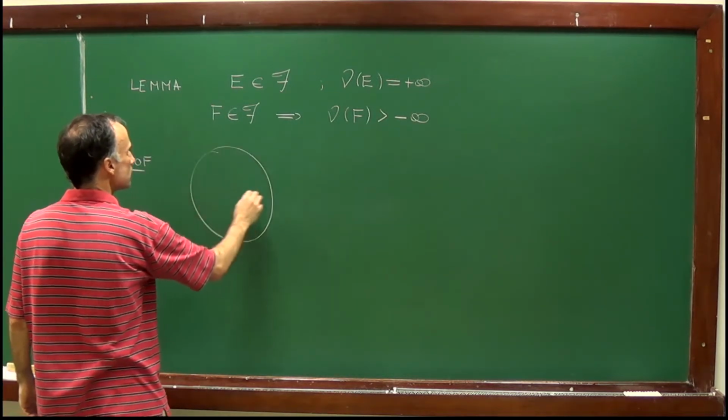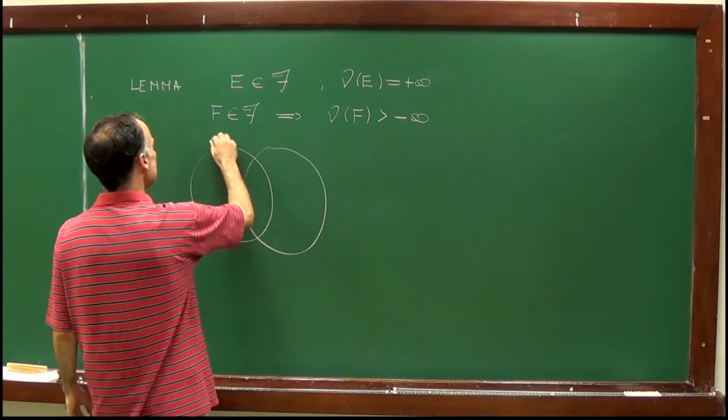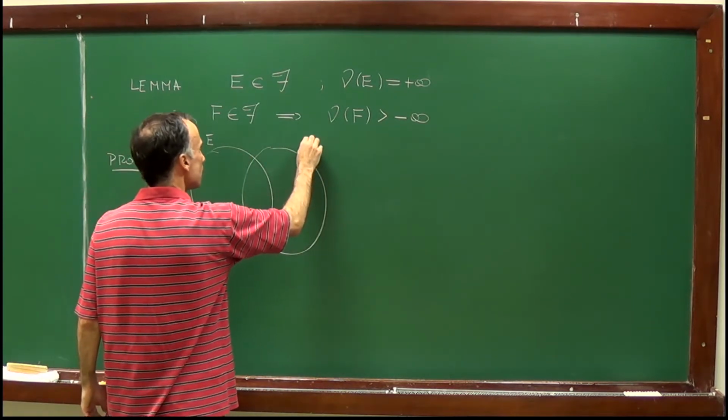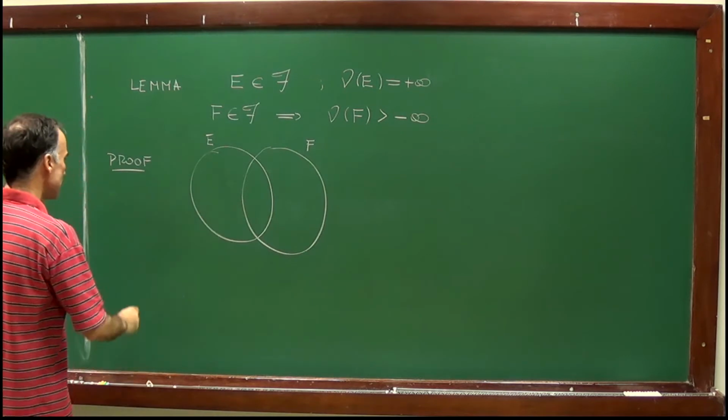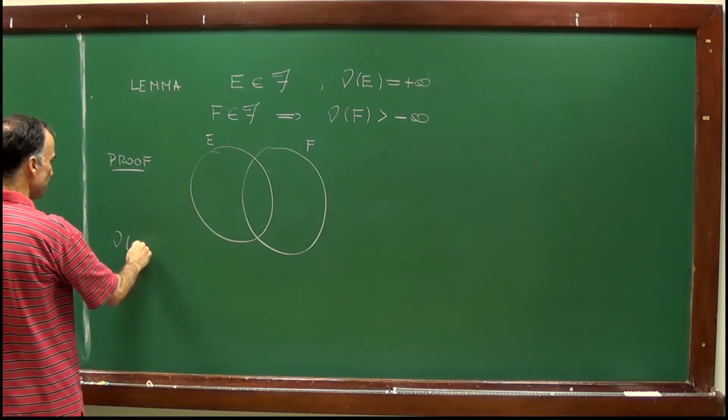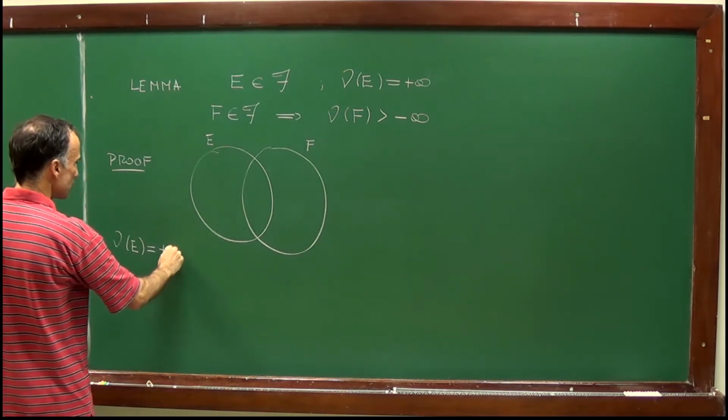So let me draw here the set E and here the set F. And I'm assuming that nu of E is equal to plus infinity.